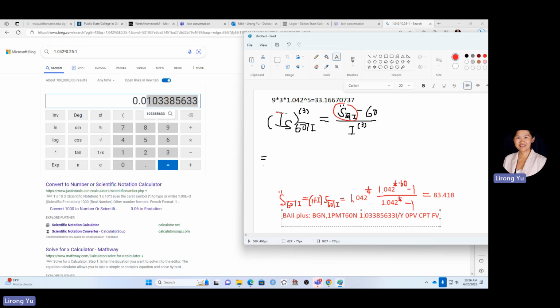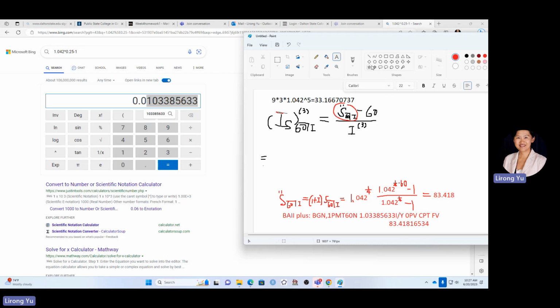And I'm going to calculate future value. With that, you will find the calculated future value is 83.4. It's actually negative because you have a positive cash flow. To balance the cash flow, it will be a negative future value, but for us, it doesn't really matter. So it's 83.418534. So a calculation like this, you can do it with your calculator, or you can do it with a formula.